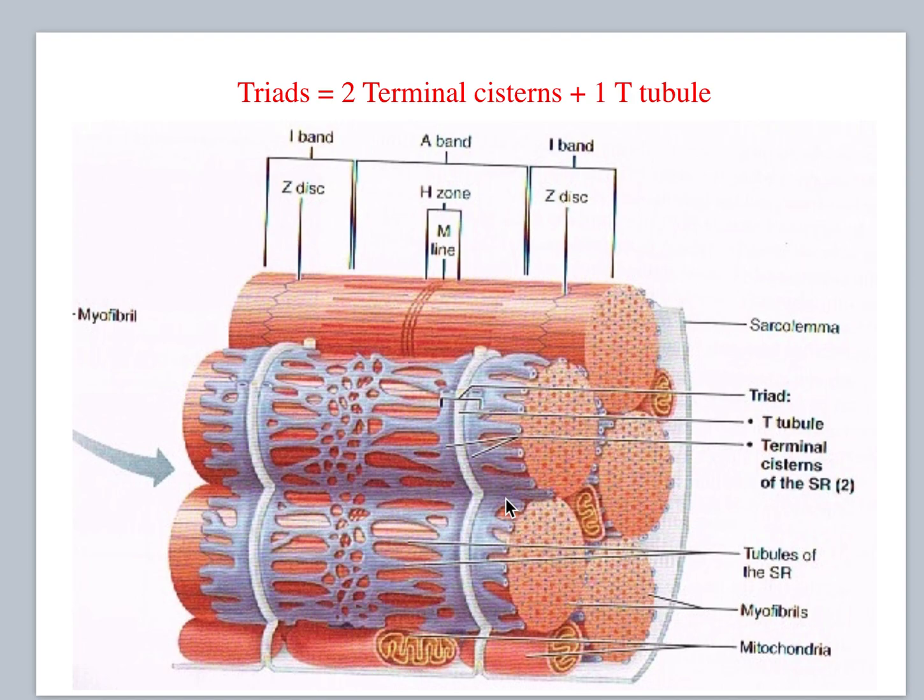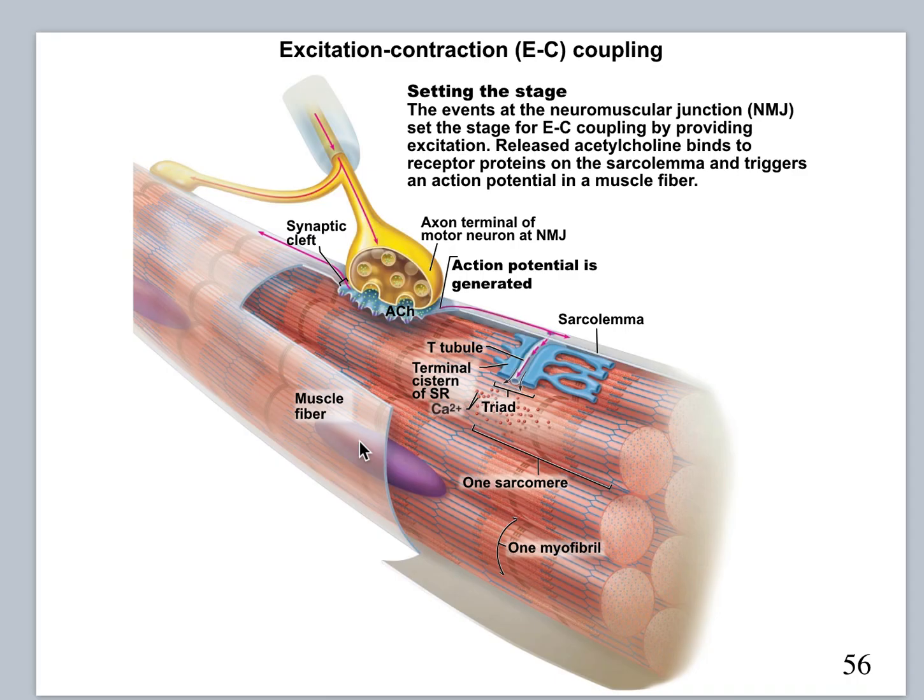This shows a close-up of the same thing. You can see the triad better: the T-tubule, the terminal cisternae, the sarcoplasmic reticulum, all this blue material here. So here we have our nerve and neuromuscular junction, and we have an action potential of the muscle that started here.